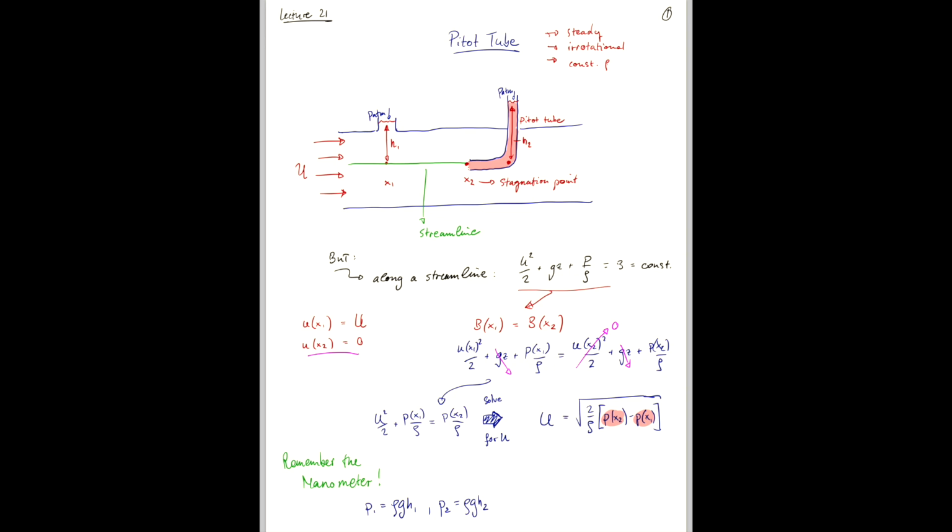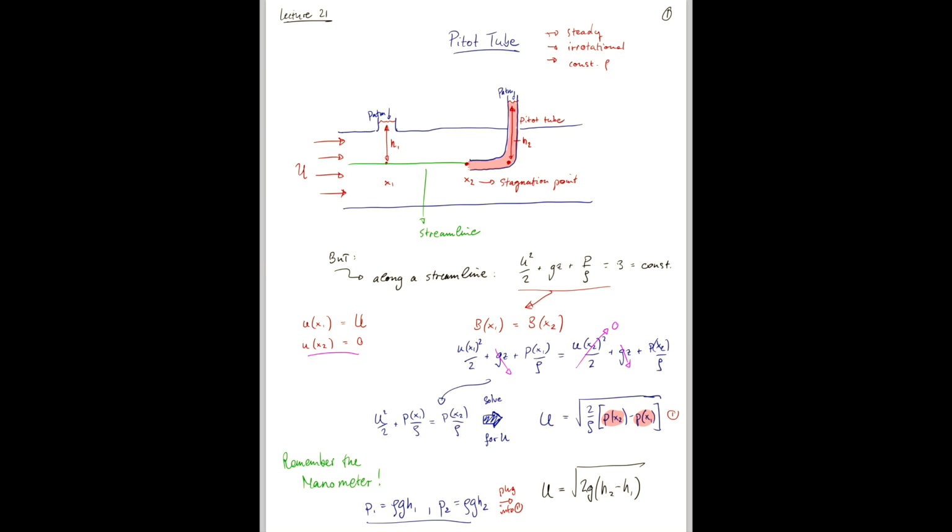So let's plug P1 and P2 into my equation 1 here. Plug into 1, and we find that u, the velocity in our duct, or if it's an open ocean and this is attached to a boat, the velocity of the boat, is just the square root of 2g times (h2 minus h1).